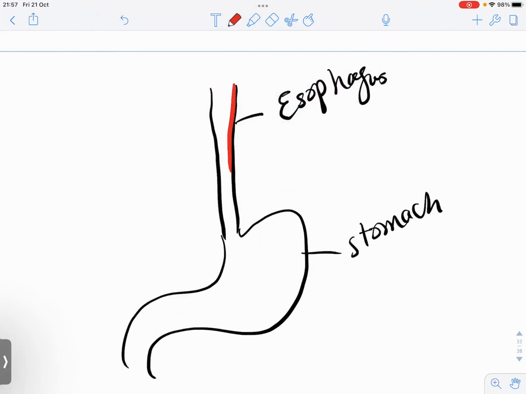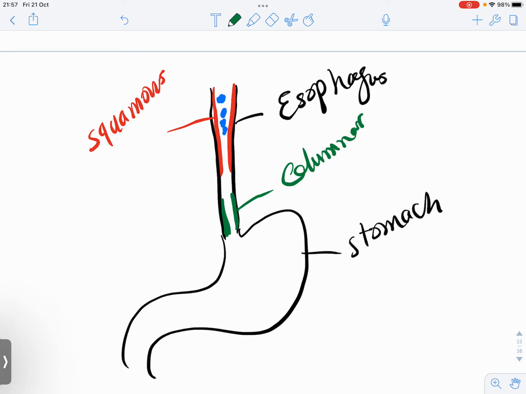Because the food will come and make friction with the epithelium, so we need a very strong epithelium. But the last part of the esophagus, which is very near to the stomach, should be columnar. Why? Because when the sphincter of the stomach opens, some HCl maybe can go out. So the distal end of the esophagus must be columnar.